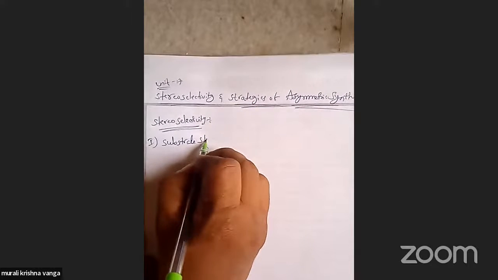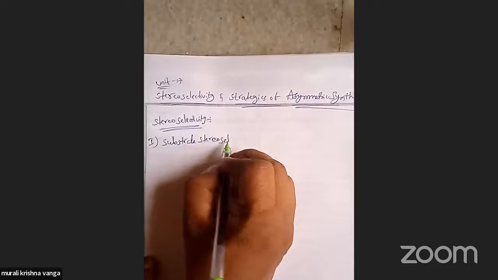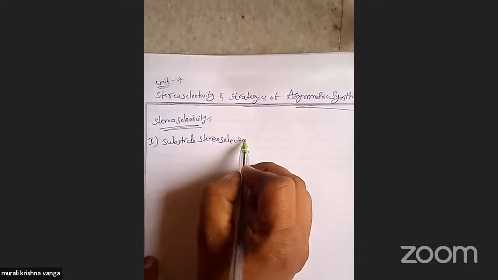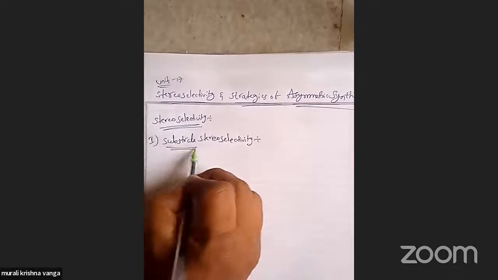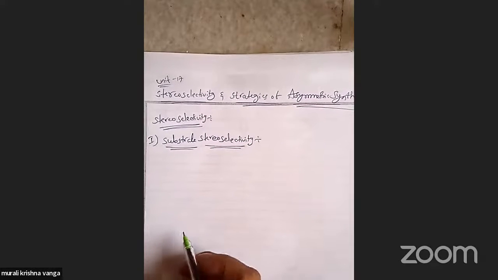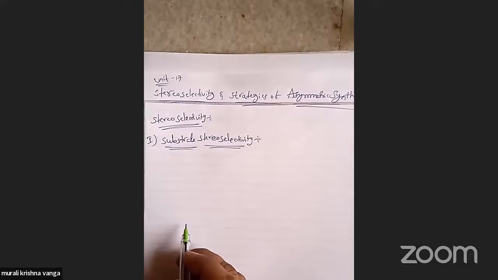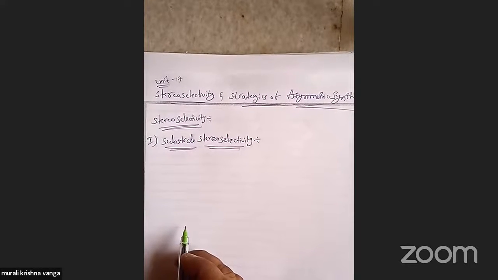In substrate stereoselectivity, in a chemical reaction, if the attacking agent, that is a reagent, catalyst, or solvent, is able to discriminate between the stereoisomers, then such a substrate reaction must start with a mixture of stereoisomers. The attacking agent exclusively reacts with only one stereoisomer.